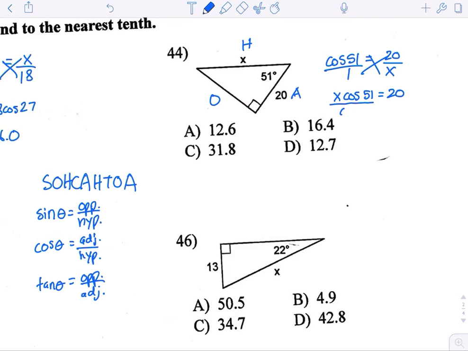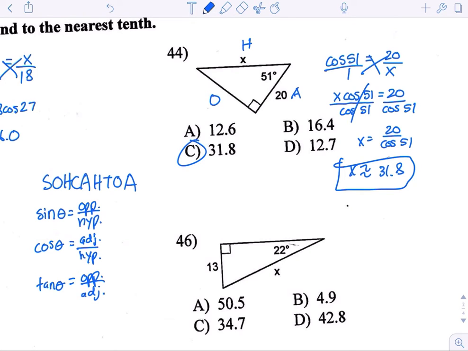Now to isolate this x, we have to divide both sides by cosine of 51. Cancels, x is equal to 20 over cosine of 51. Put 20 divided by cosine of 51 in your calculator. You should get around 31.8, which is C.